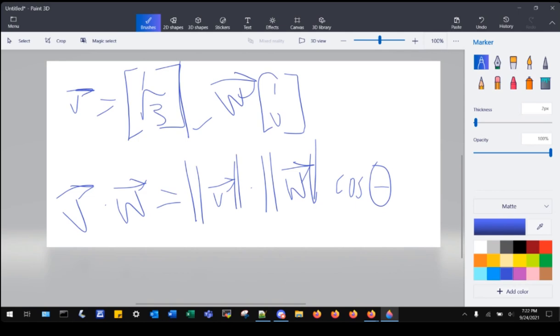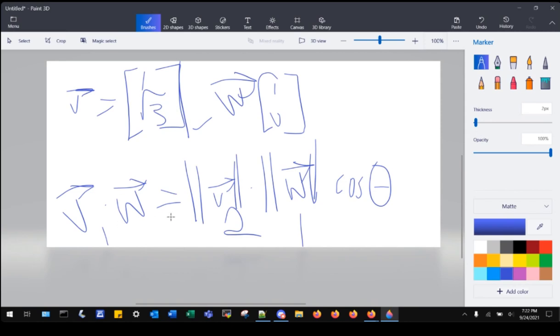the magnitude of vector v: 1 plus 3, which is 4, so the square root of 4, which is 2. And the magnitude of vector w is 1, times cosine theta. And v dot w would just be 1 times 1, which is 1, plus root 3 times 0, which is 0.